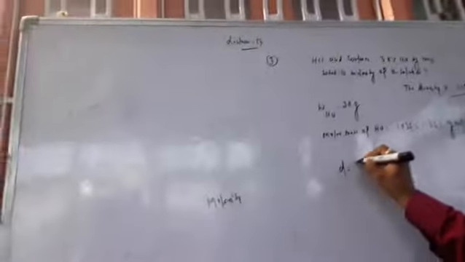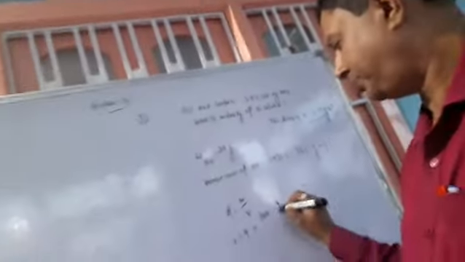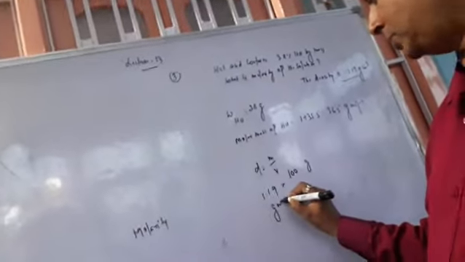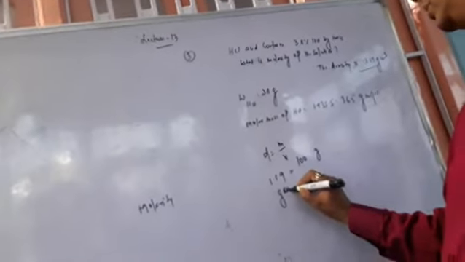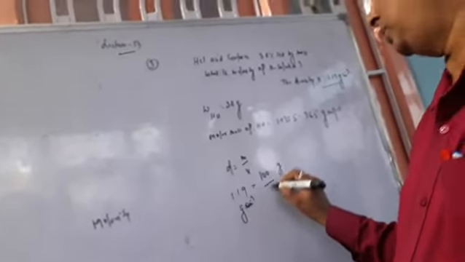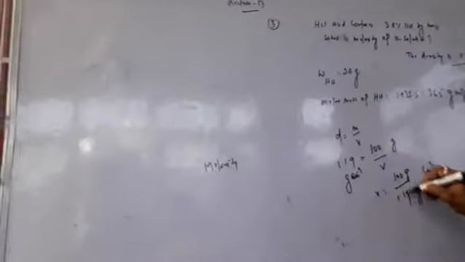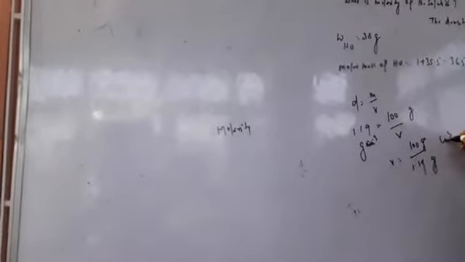So according to density, density is equal to mass upon volume. Density is given as 1.19. Total mass is 100 gram, so 1.19 gram per cubic centimeter is 100 gram by V. V is equal to 100 gram divided by 1.19 gram per cubic centimeter. Gram should be cancelled, and this is the volume.